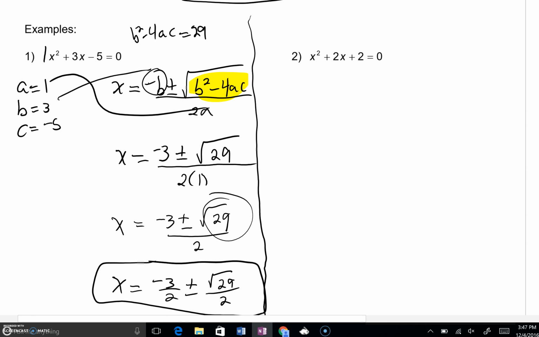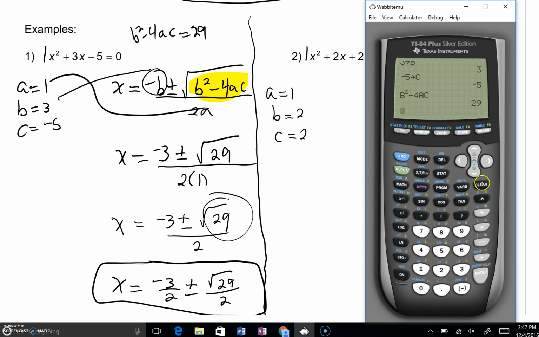Let's take a look at number 2. Number 2, you're going to have A is equal to 1, B is equal to 2, and C is equal to 2. Now again, my suggestion to you is to quickly store those values in for A, B, and C. Hit 1, store A, 2, store, and here we go, alpha B. Hit that alpha and then the apps button.